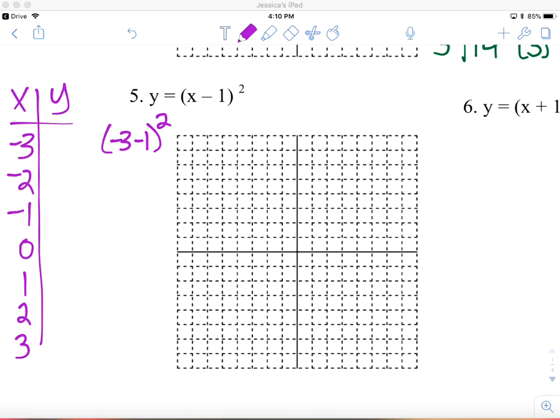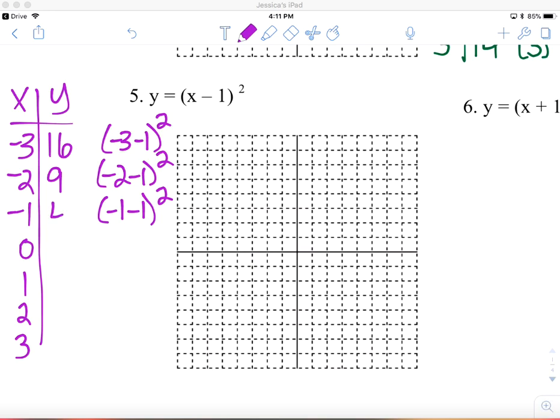Negative 3 minus 1 is negative 4. Negative 4 squared is 16. Negative 2 minus 1 is negative 3. Negative 3 squared is 9. Negative 1 minus 1 is negative 2.